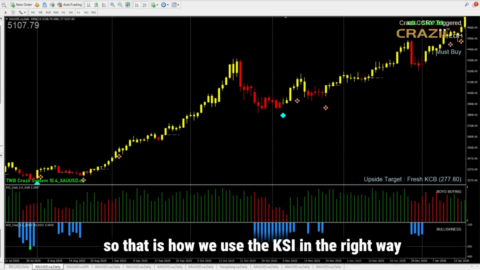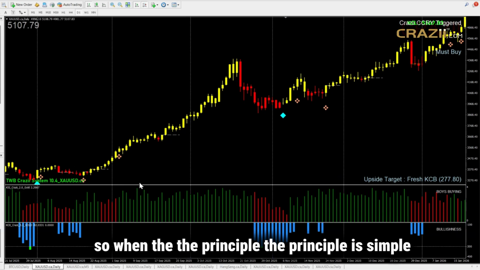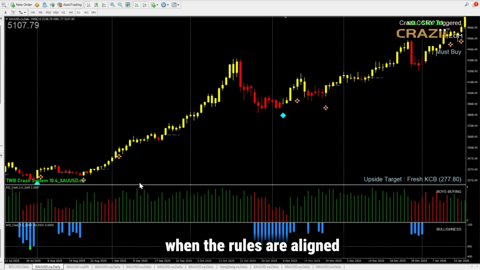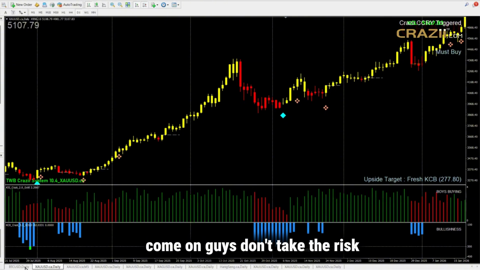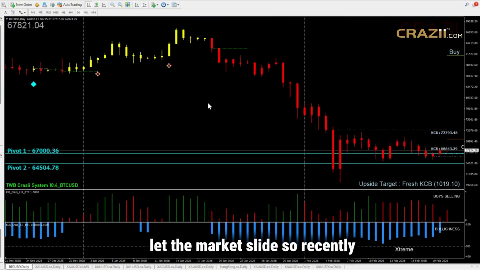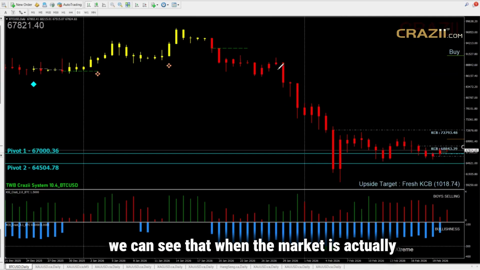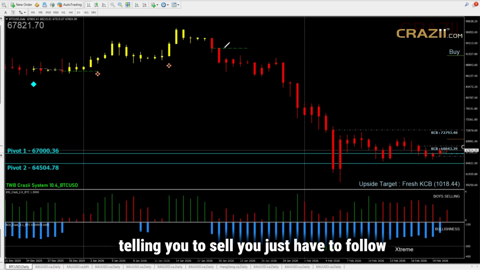Yes, indeed. That is how we use the KSI in the right way. The principle is simple: when the rules are aligned, trade with confidence. When they're not aligned, come on, guys, don't take the risk, let the market slide. Recently, we can see that when the market is telling you to sell, you just have to follow.